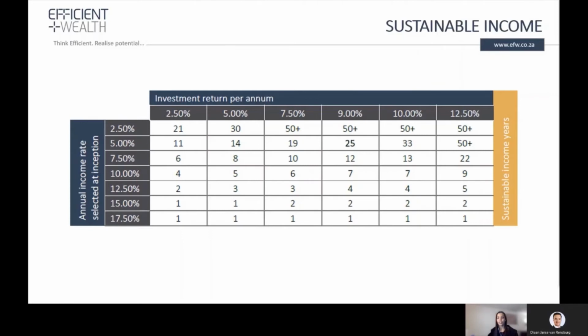You need to carefully consider the income with your financial advisor, and the drawdown has to be relative to your return on your investment. So let's look at an example. If you were to draw 5% and the investment return was 9%, your income would be sustainable for 25 years.